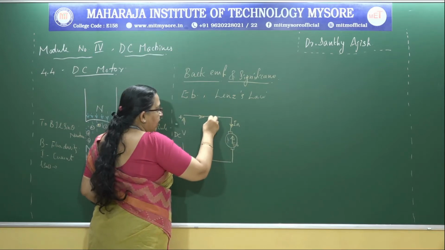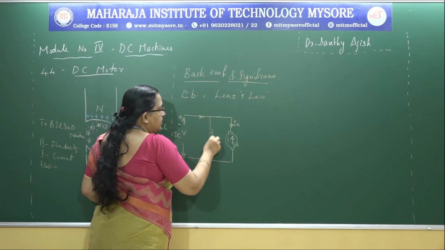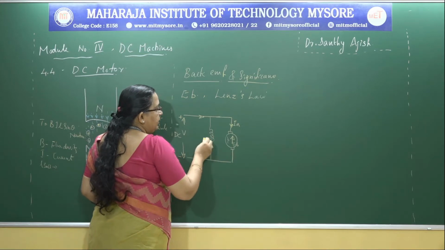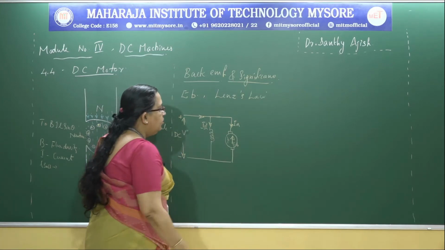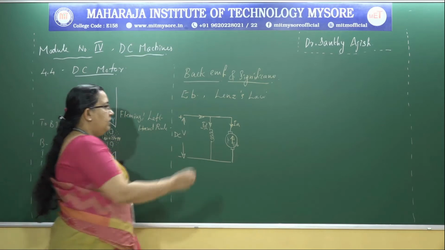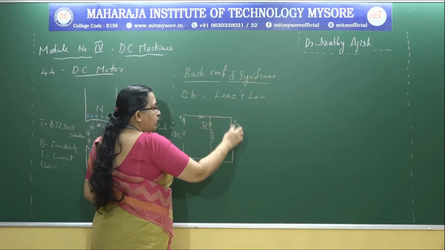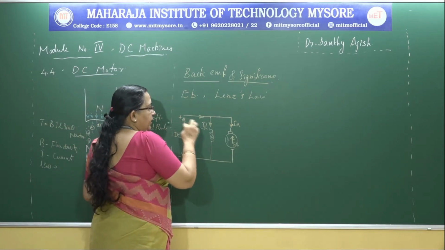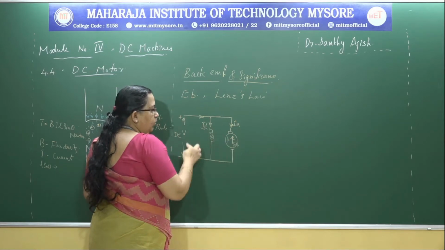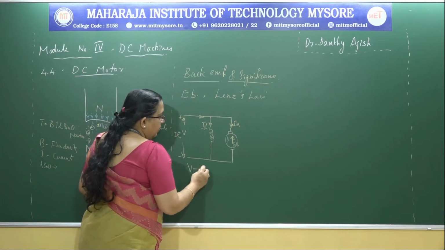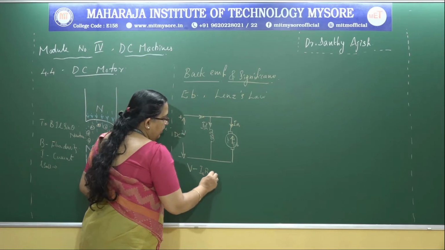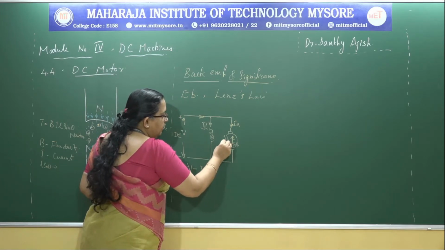Of course we have the field winding here. Suppose we consider a shunt wound motor. This is Ish. Now if I consider this loop and apply KVL to it, what I can write is V minus IaRa, which is the drop, here plus, here minus.